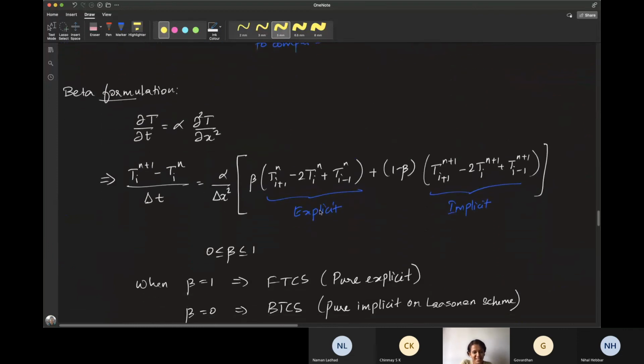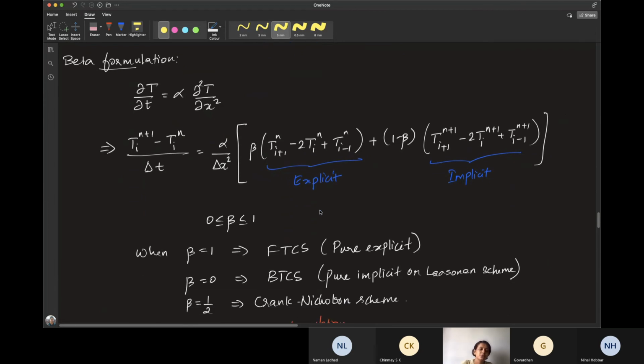So now we have seen explicit schemes and we have seen implicit schemes. Now let's see something partially explicit and implicit. For that, we go to the beta formulation. It's something like this. It's forward in time, and you have alpha by delta x squared.